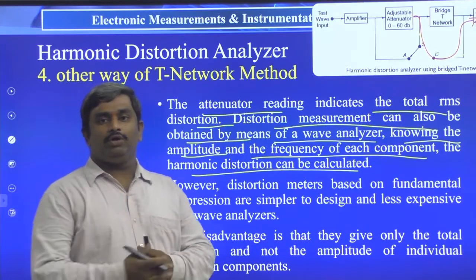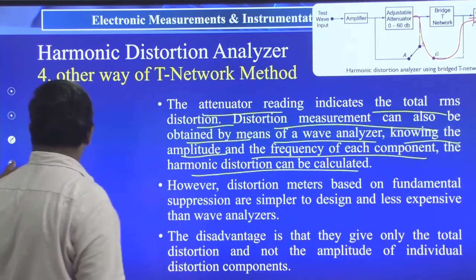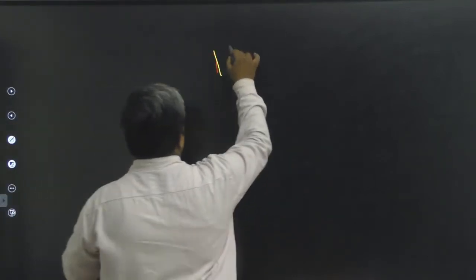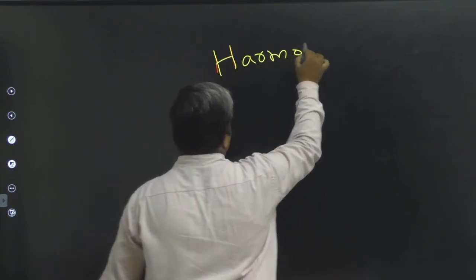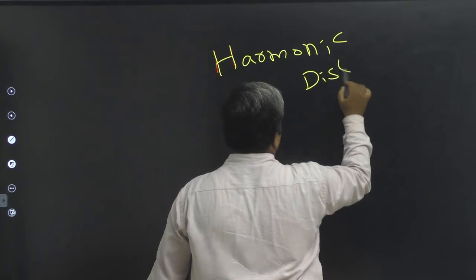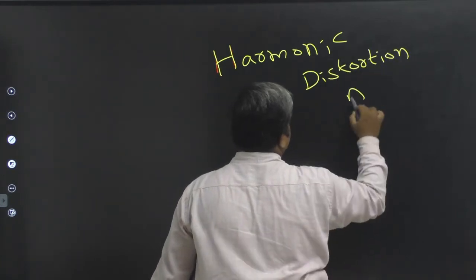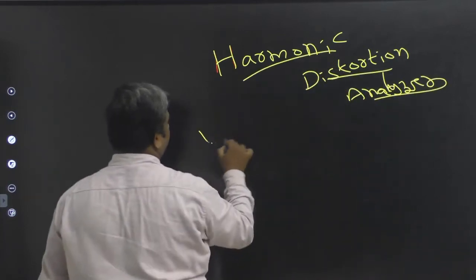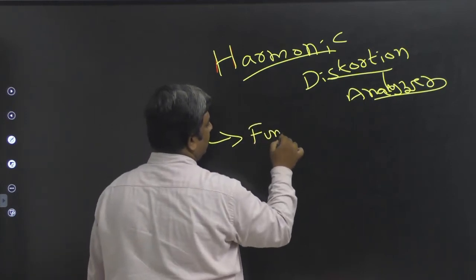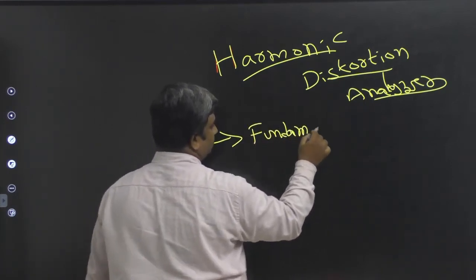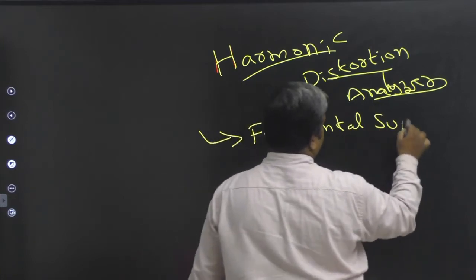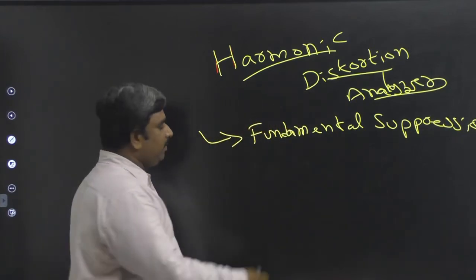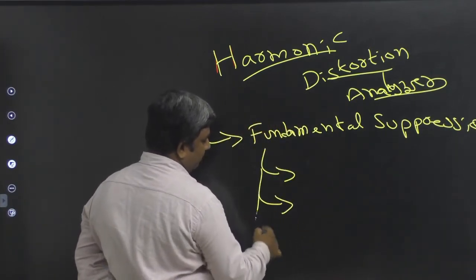So this is about harmonic distortion analysis. In today's harmonic distortion analyzer concept, first we saw the fundamental suppression type. From this fundamental suppression type, we saw three methods.